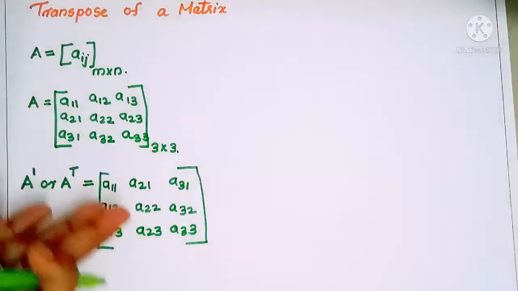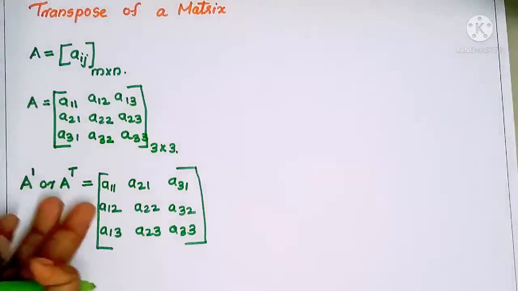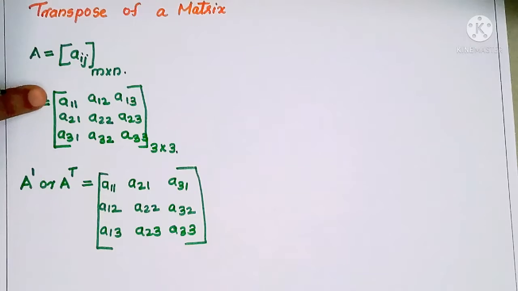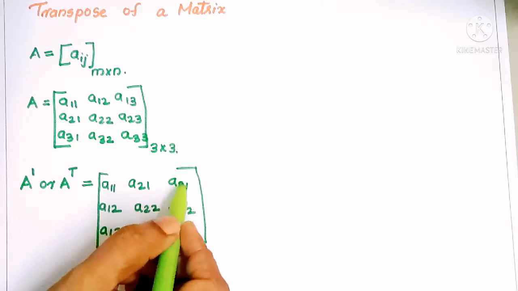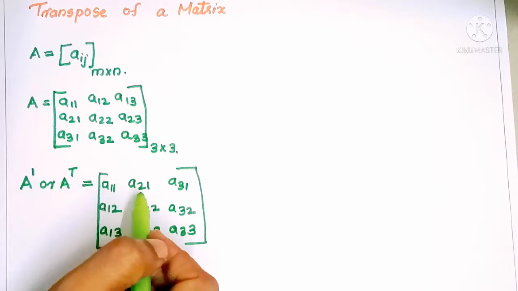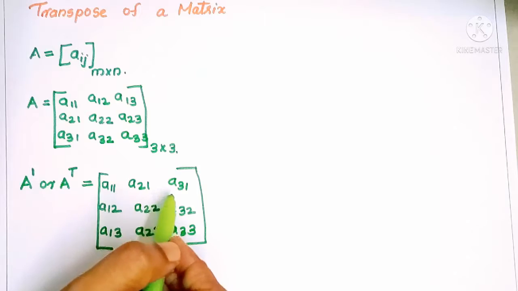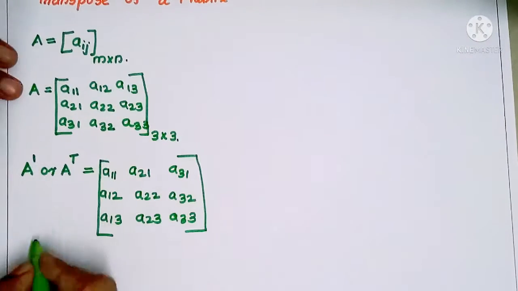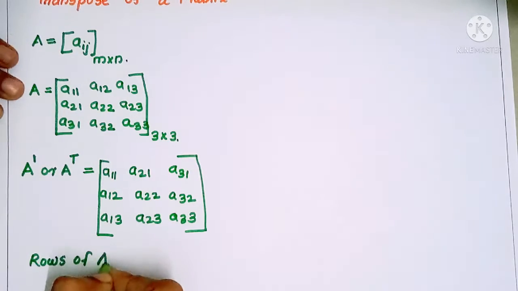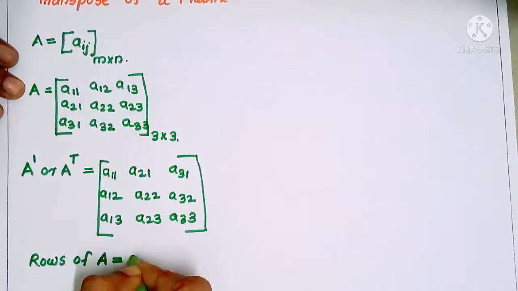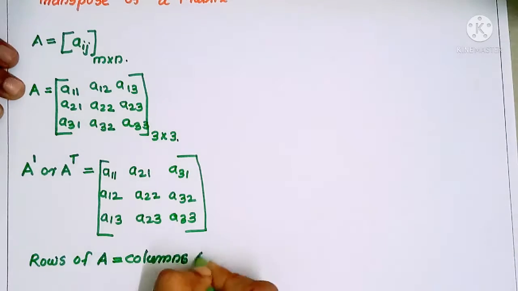Here rows become columns, and columns become rows. The first column A11, A21, A31 should be equal to the first row of the A transpose matrix. That means A11, A21 and A31. It means that the rows of matrix A equal the columns of the A transpose matrix.